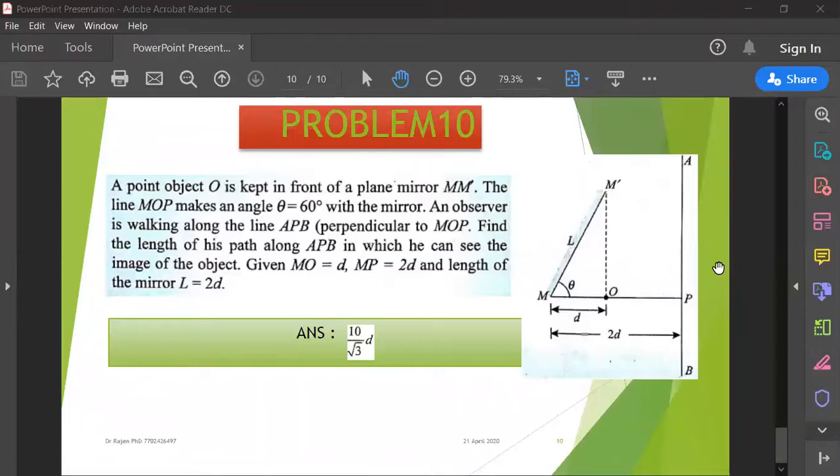Here the mirror is given, angle theta equal to 60 degrees. Here to here, mirror length L equal to 2D. And the object is given here. This distance is D, and this distance is also D, total 2D.